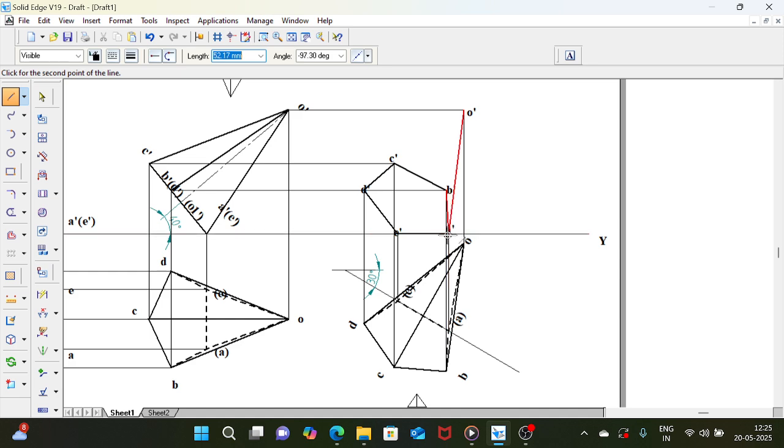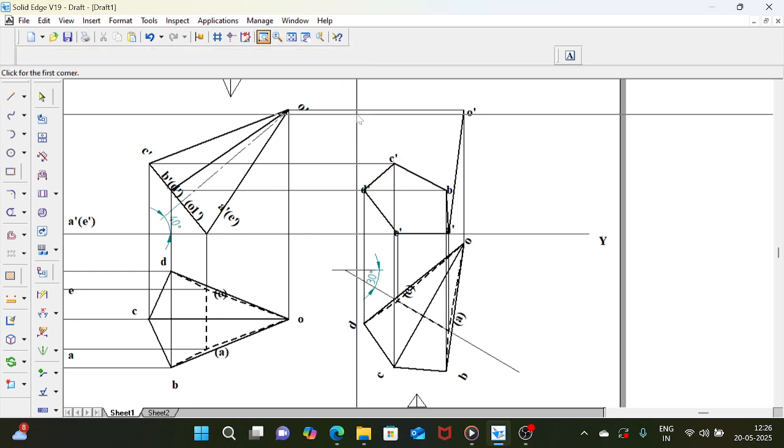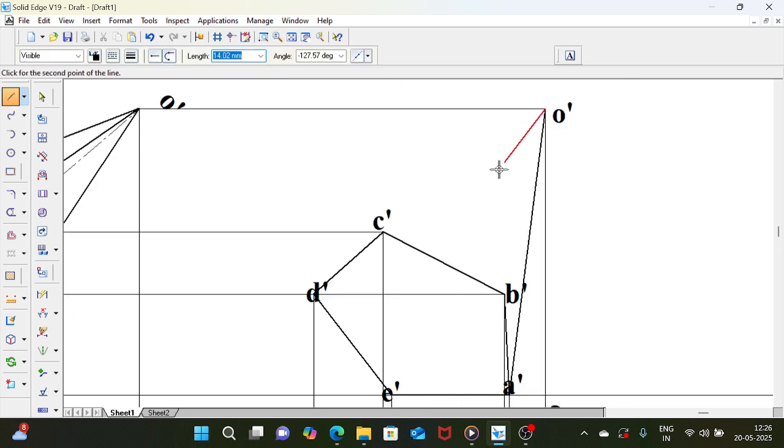So O to A is in the boundary. I'll draw the boundary. Then O to C, is it in the boundary? I have to join this. If you join like this, the C point is coming outside. That means OC is a boundary. If you zoom in here and try to join OD, this is coming inside. That means C is outside. Join OC as a boundary line.